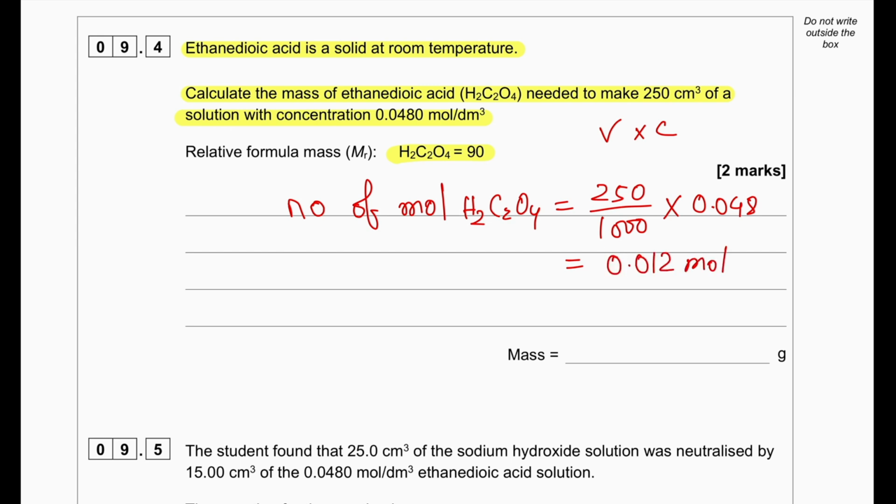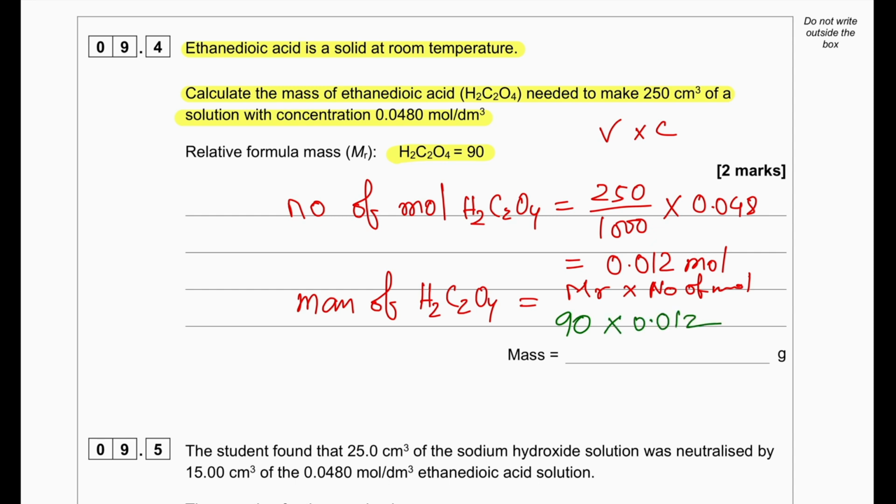Now we are going to find out the mass. Mass of H2C2O4 equals MR multiplied by number of moles. So we multiply MR, which is 90, with the number of moles, which is 0.012. And when we do this multiplication, our answer is 1.08 grams.